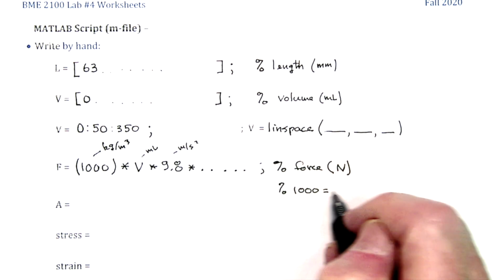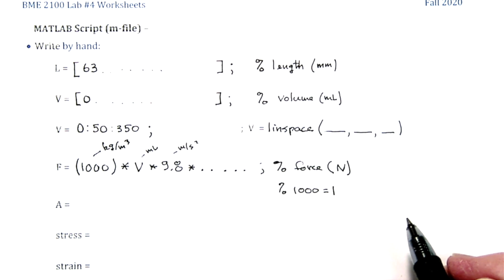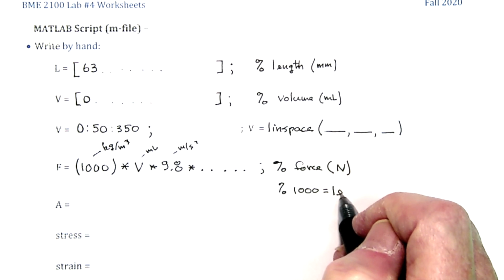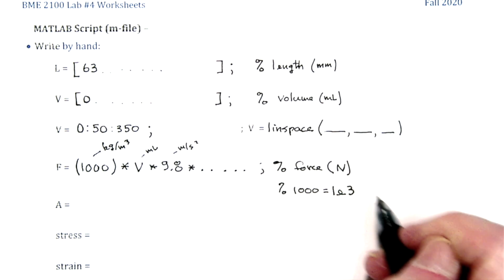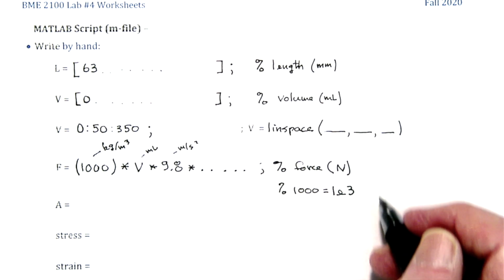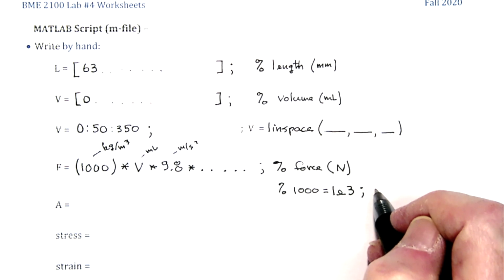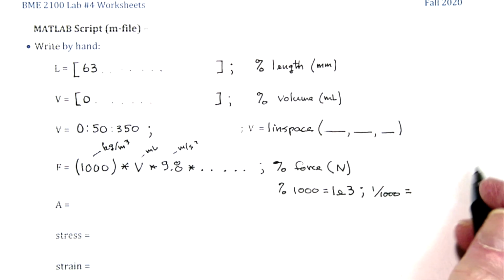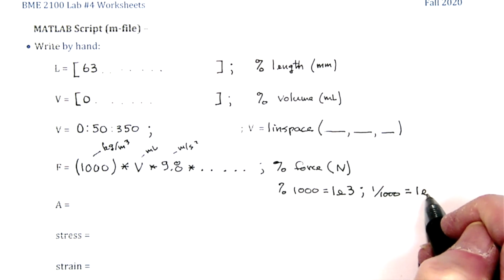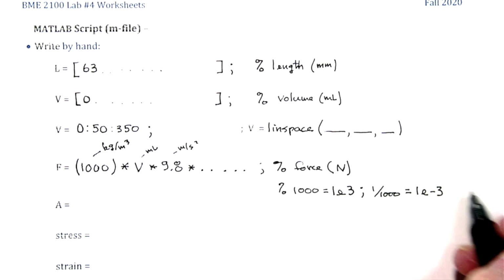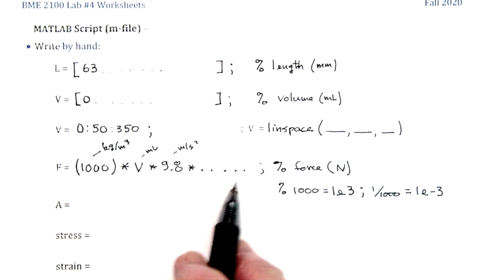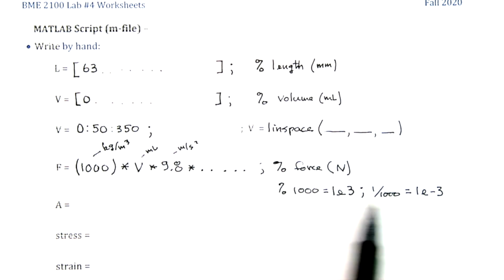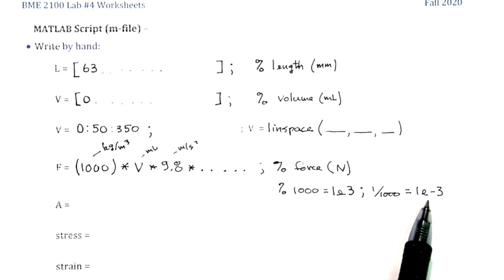But let me remind you that there's a slicker way of representing 1,000 in MATLAB. 1 times 10 to the third power, 1e3. And that's especially helpful if you're going to divide by 1,000, because dividing by 1,000 becomes 1e-3. So that's a slick way of putting in these conversion factors. You do not have to type this into MATLAB, just to remind us what those values are.